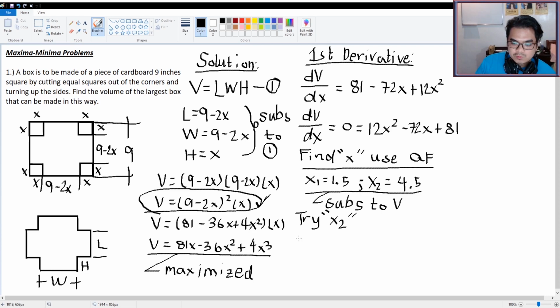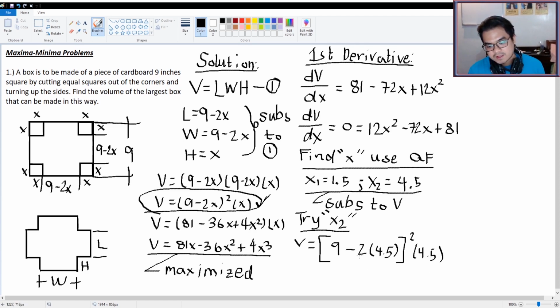Trying x2, v will be equal to 9 minus 2 times the value of x, which is 4.5, and don't forget the squared, times x, which is also 4.5.